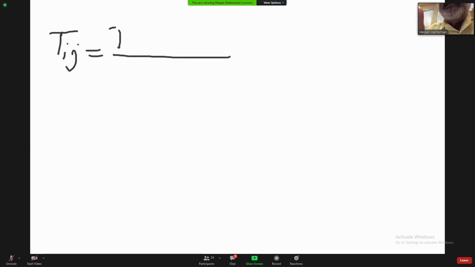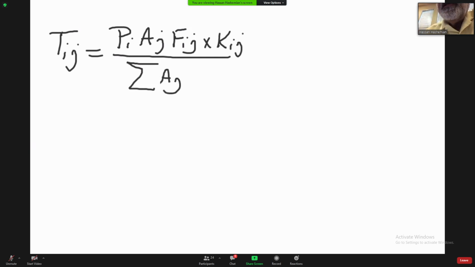Now the newer gravity model, the formula is Tij equal to the one you have in the book: Pi times Aj times Fij times Kij over the summation of Aj, Fij, Kij, with j from 1 to n.